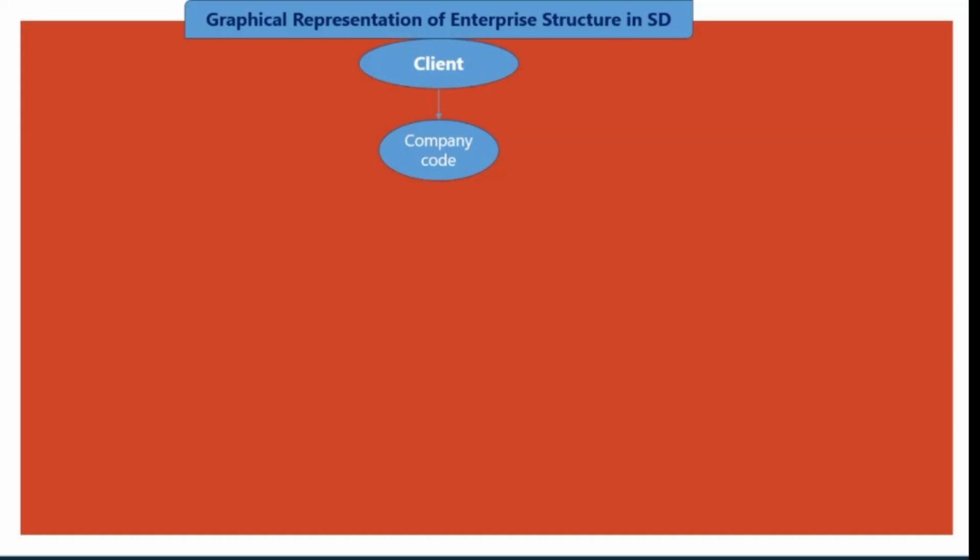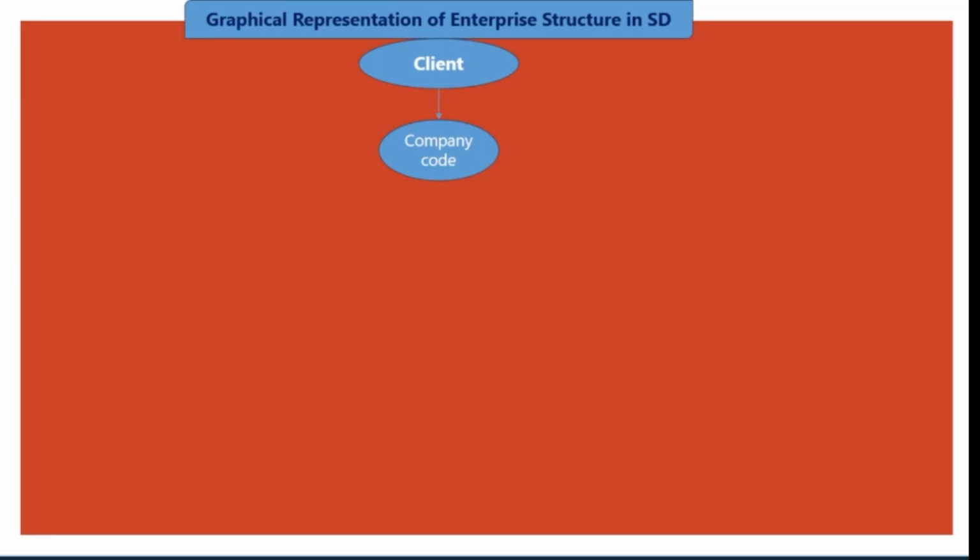It's configured by the FICO consultant, and how to configure it was already discussed in our previous videos. So you can refer to the link in the description box to check how to create the company code.